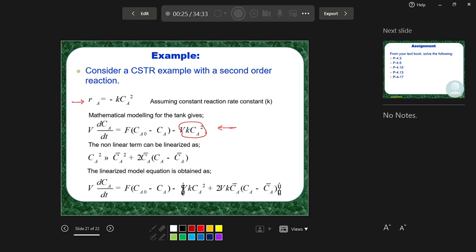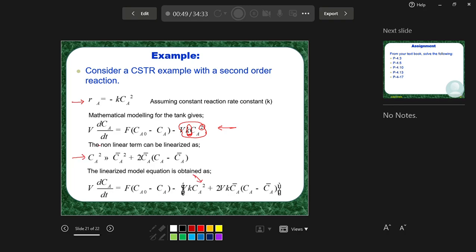K is already nonlinear, and we have also the squared. Now the Ca squared, if we assume that K is a constant, then only the Ca squared is the nonlinear term, so we can linearize it using the previous approach and substitute it in the equation.